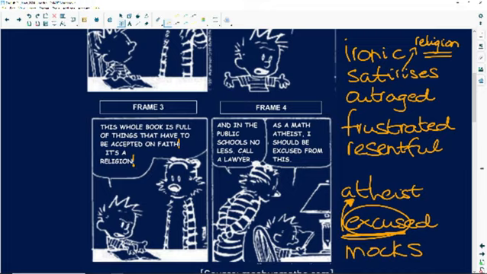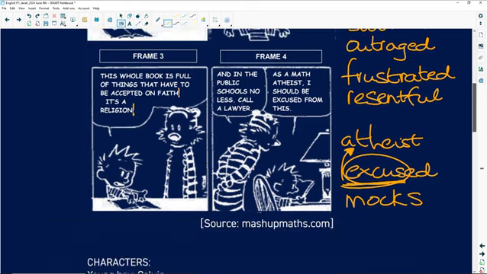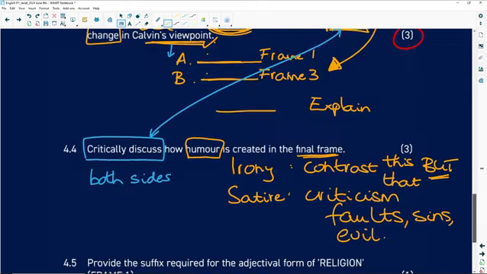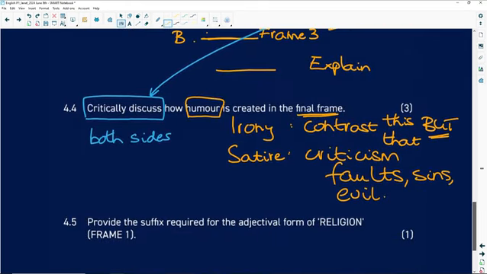And Hobbes is mocking him, satirizing him, criticizing him for his throwing a fit, for his childish behavior, and for his deliberately creating this ridiculous excuse and pretending to take him seriously. So he's mocking him. Humor's always difficult, so you really need to practice questions about humor.